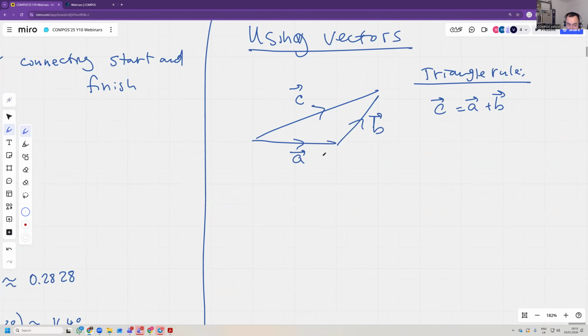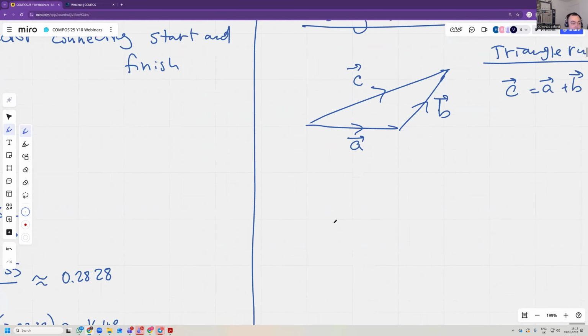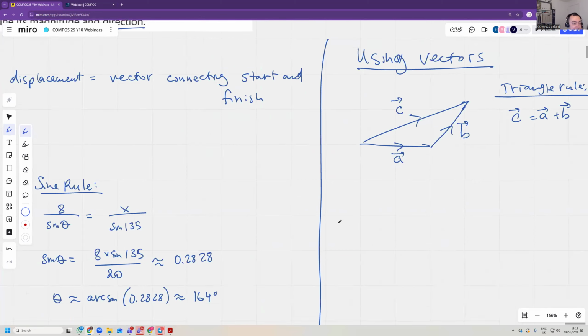If you draw a triangle like this, the sum A plus B is the sum. Now, we want to write down vectors A and B as columns.